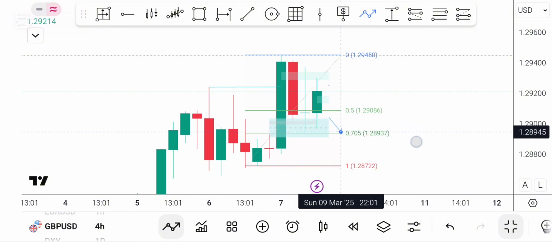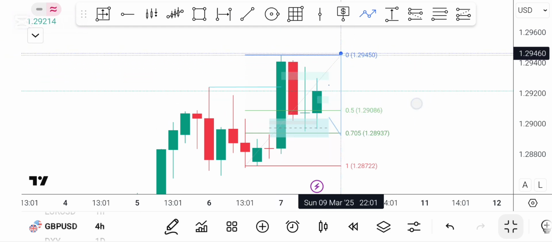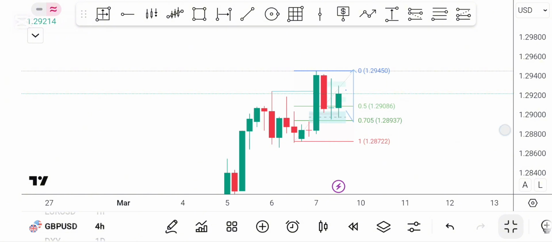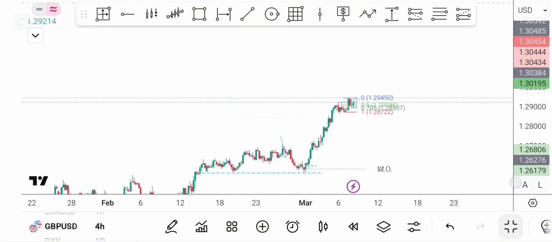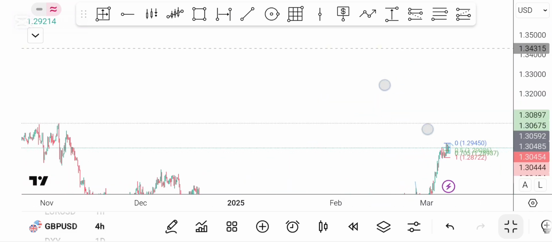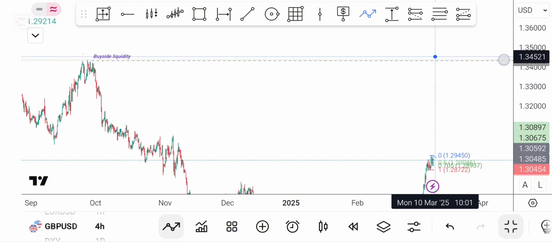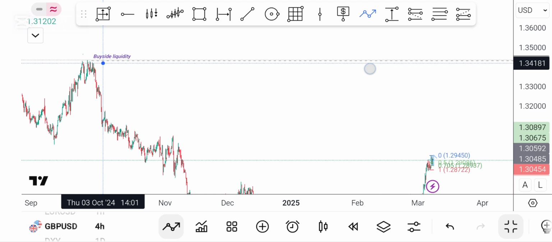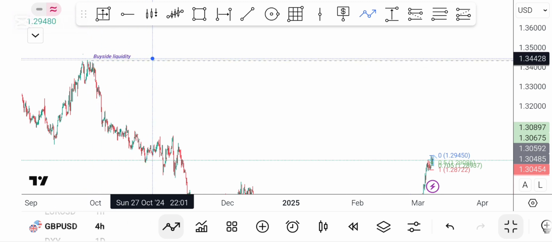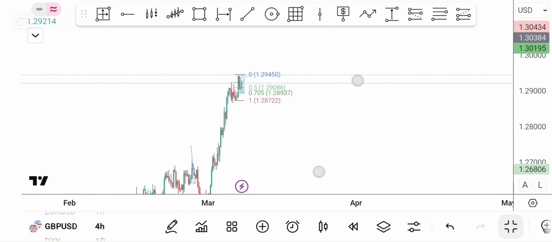So it is possible that the market could just stay right here and then move higher and continue to seek the buy side liquidity resting above there, and then possibly trade into the overall buy side liquidity that we outlined right over here, which is our higher time frame draw on liquidity. Okay, all of this liquidity right here, this fair value gap, and possibly the buy side liquidity resting right above here. So looking into next week, it is very possible that we could see a continuation higher.